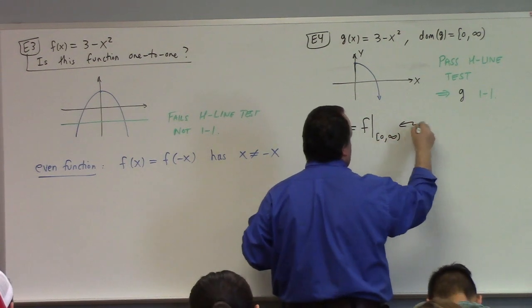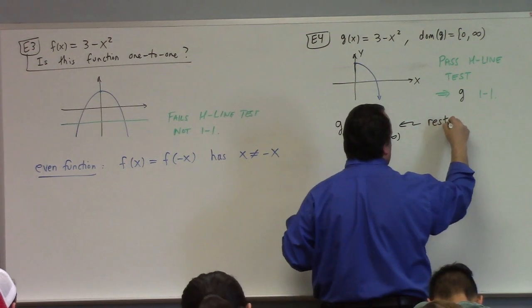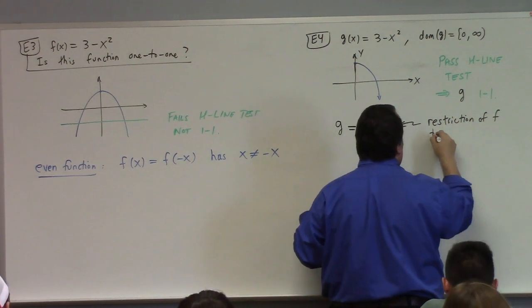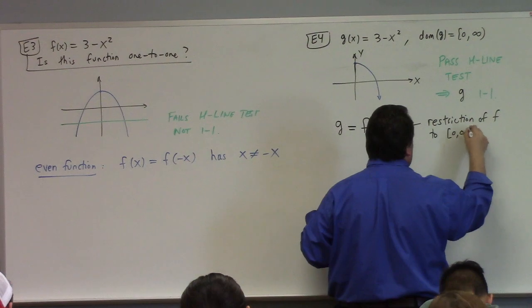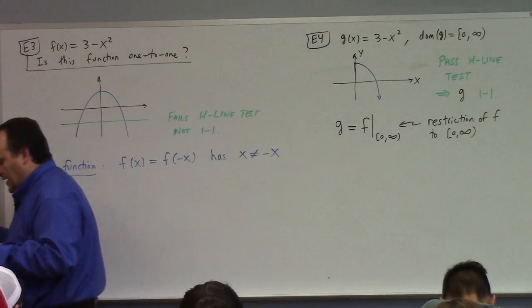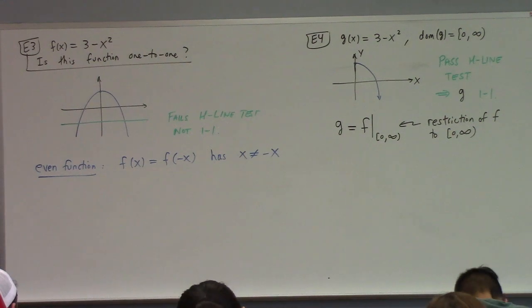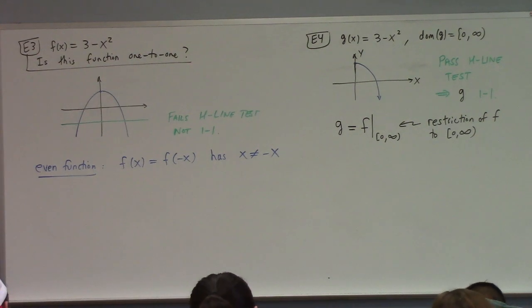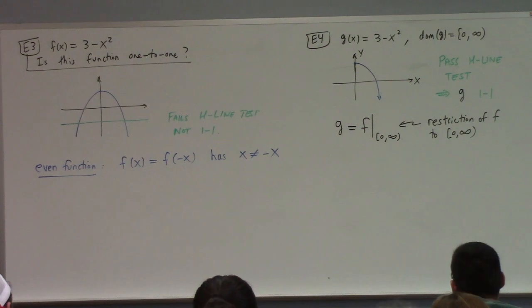So this is the so-called restriction of f to 0 to infinity. This is a game we can always play with a function. We can take the domain and we can make it smaller if we like. And we just use the same rule for the function, same formula, right? But the inputs that are allowed are restricted.